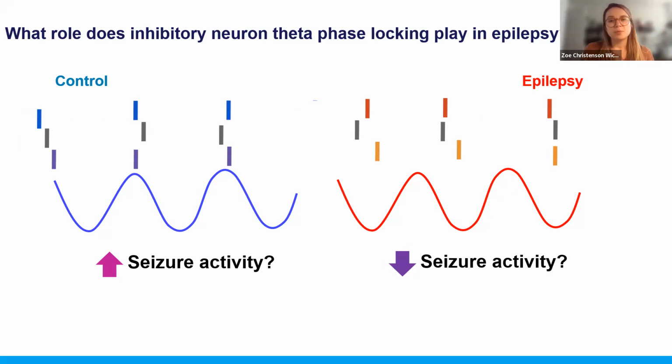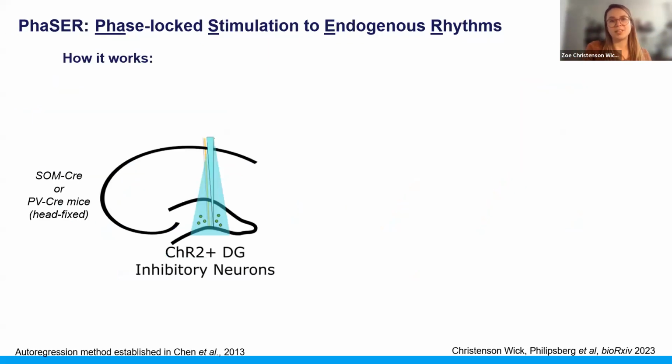And in epileptic mice, we wanted to realign the inhibitory spiking to the typically preferred phase, which would be the trough, and then measure seizure activity as an output. So we devised a system that would allow us to do just that. We're calling it PhaSER because it allows us to deliver phase-locked stimulation to endogenous rhythms.